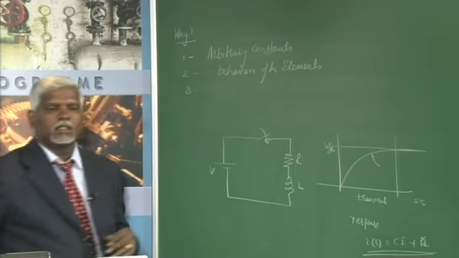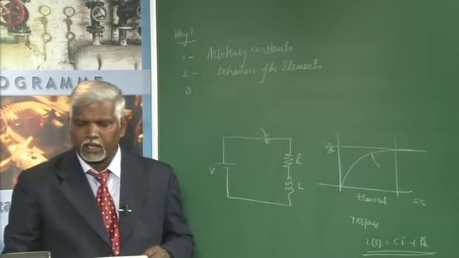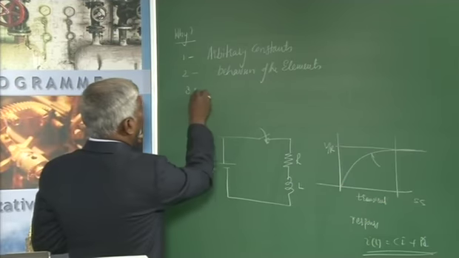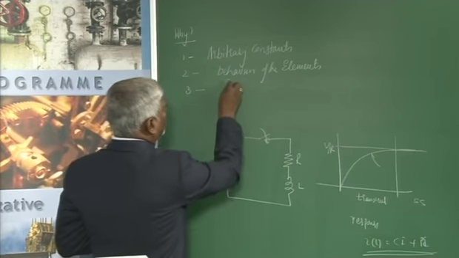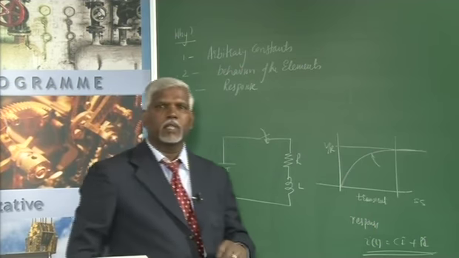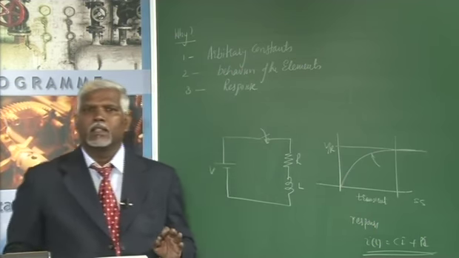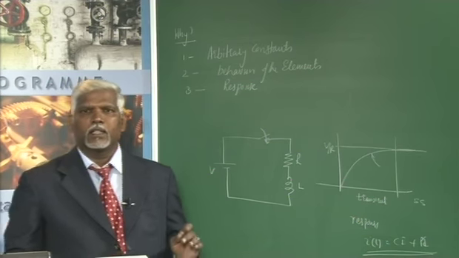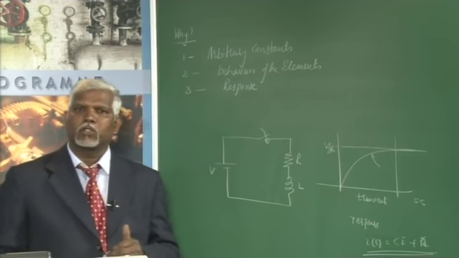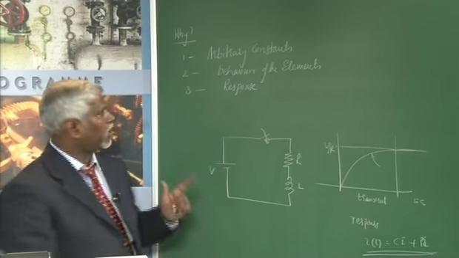Third one, it helps us in understanding the response. We can anticipate the response without actually taking the resistor, inductor, capacitor and connecting it to a voltage source and then finding out the response using a CRO. I can anticipate the form of response.